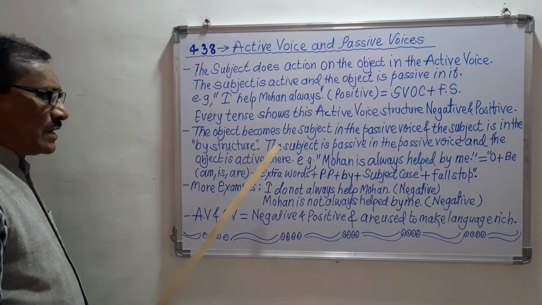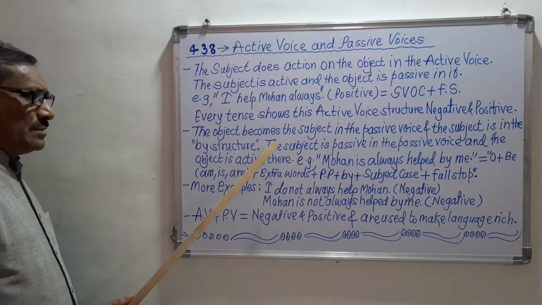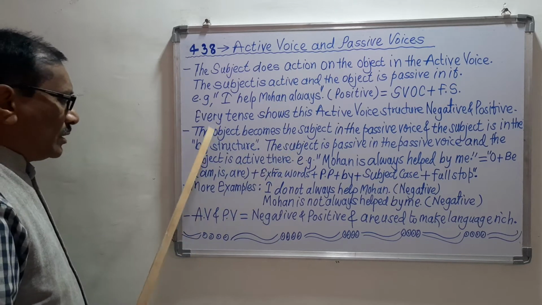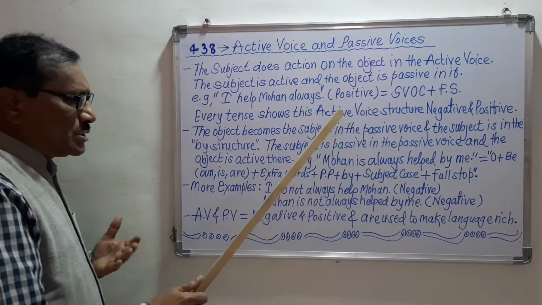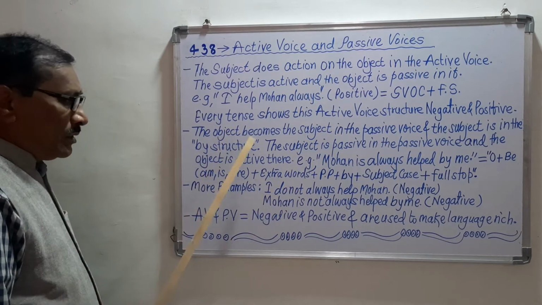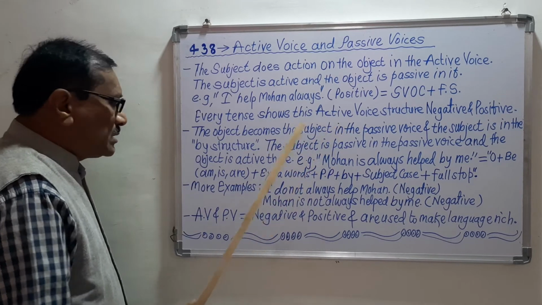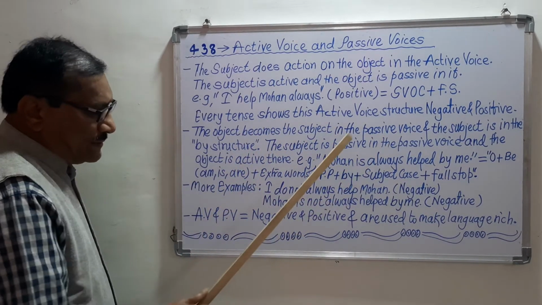The object becomes the subject in the passive voice. Remember, when we discuss the passive voice, we see that the object becomes the subject in the passive voice. It means the object takes the place of the subject, so it comes at the beginning of the sentence in the passive voice.